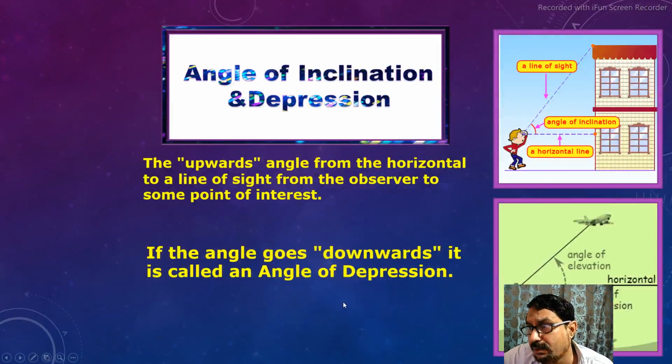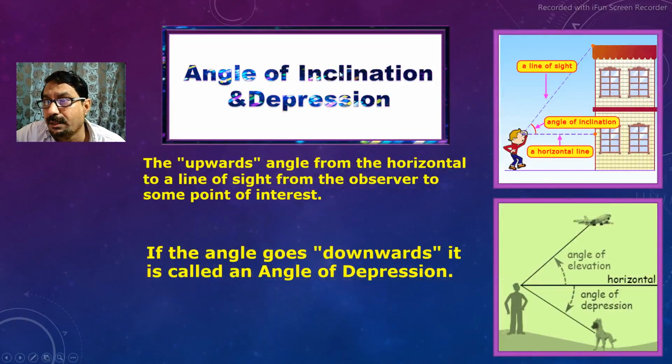Now, what is the problem here? The problem is what is meant by angle of inclination and angle of depression. I think most of you know that, but for those who are new, I've just added a few lines. You can understand that one.